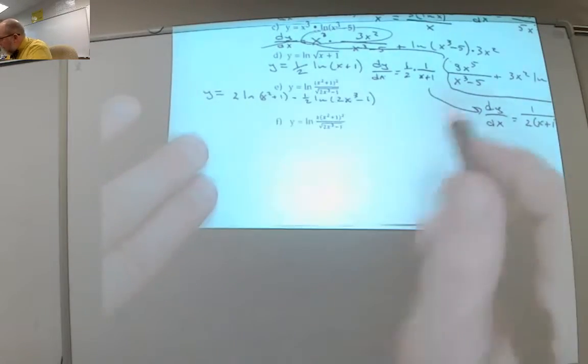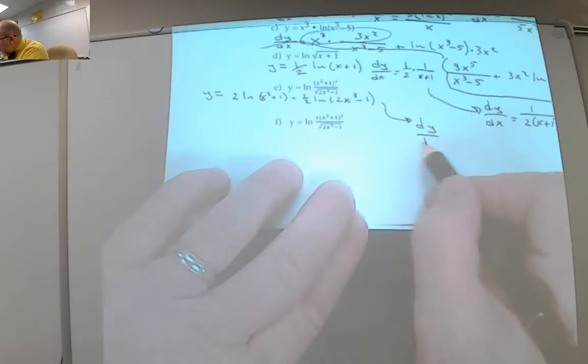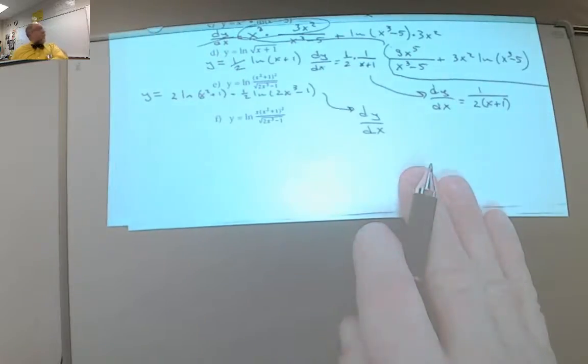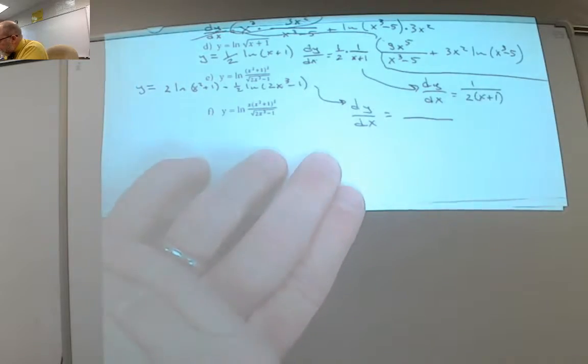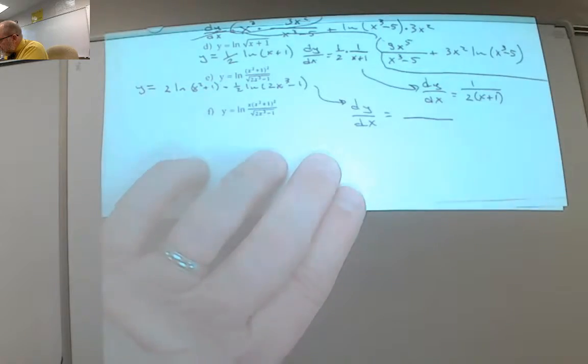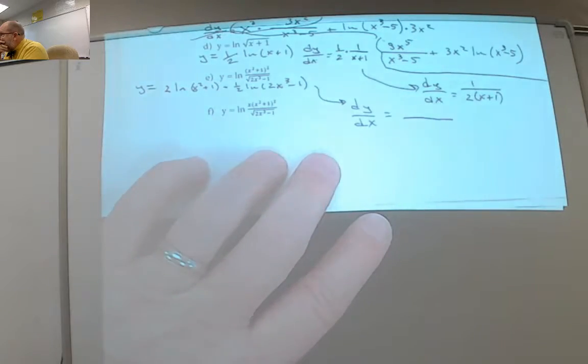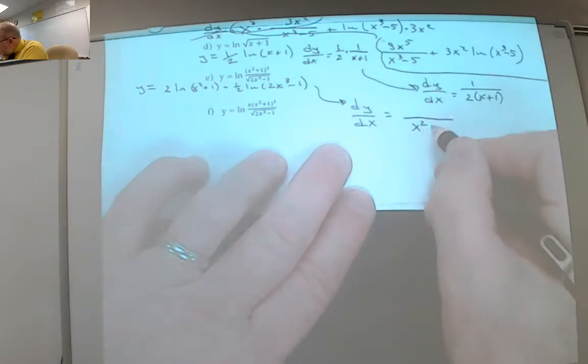So that means dy dx, and I'll slide it over, is equal to what? On the bottom, it would be 2 ln of x squared plus 1. What's on the bottom? What's inside my natural log function? X squared plus 1. And what's on top?